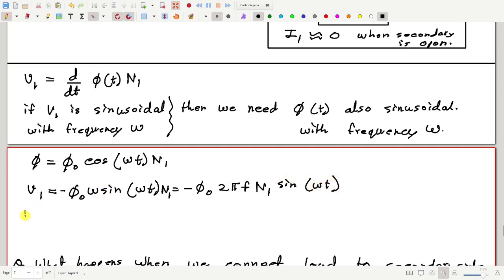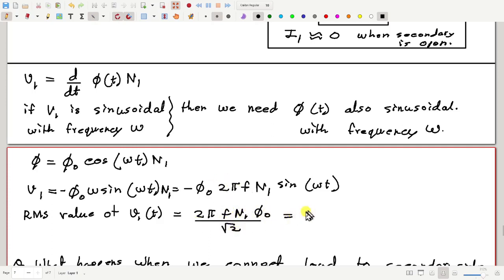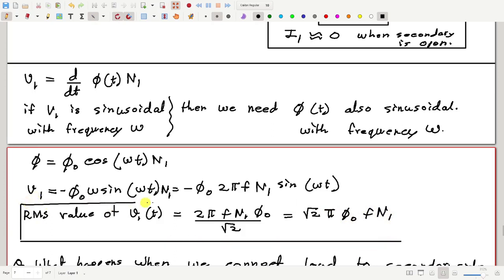So the RMS value of V1 will be equal to 2 pi f N1 phi naught divided by root 2, which is equal to root 2 pi phi f N1. So this is one important relation between the voltage and the flux.